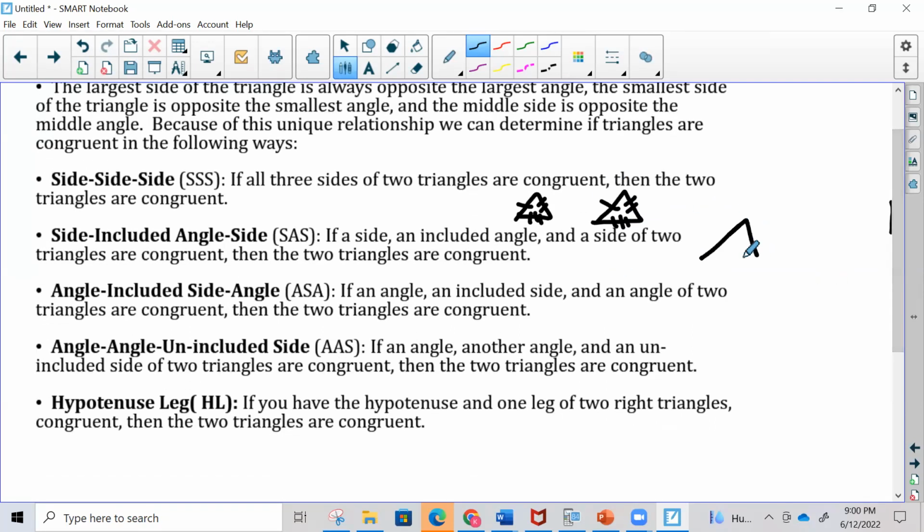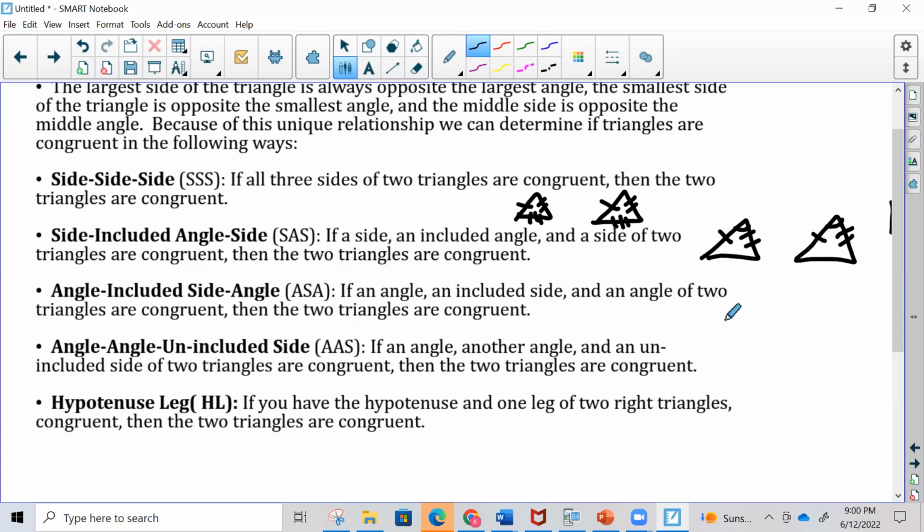Okay, side, angle, side looks like where you have 2 pairs of congruent sides and an included angle. So the angle has to be directly between those 2 pairs of congruent sides. It can't be here because that's not between the congruent sides. It can't be here. Okay, so that's side, angle, side.